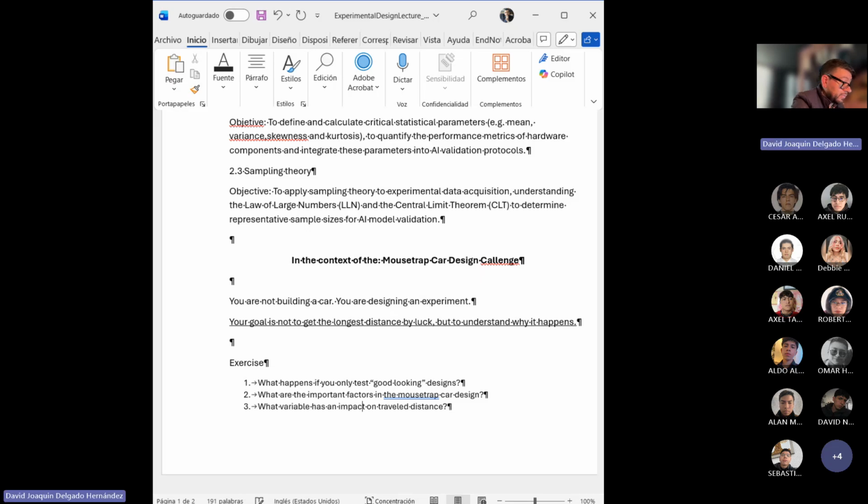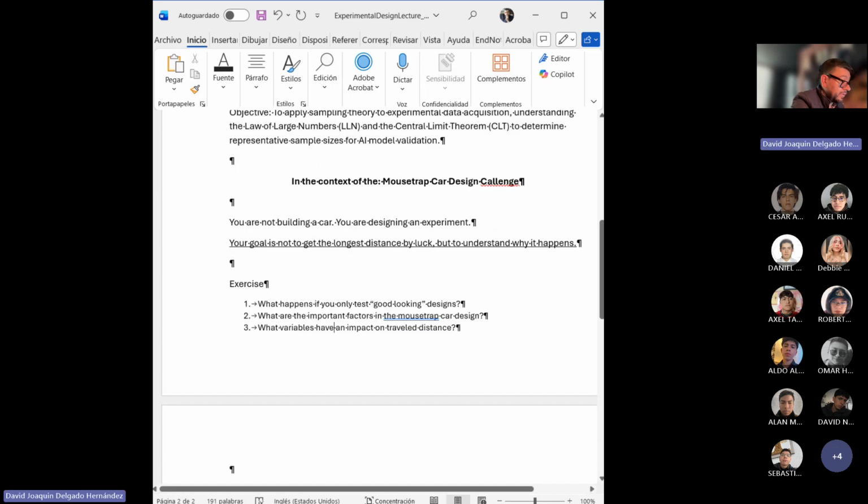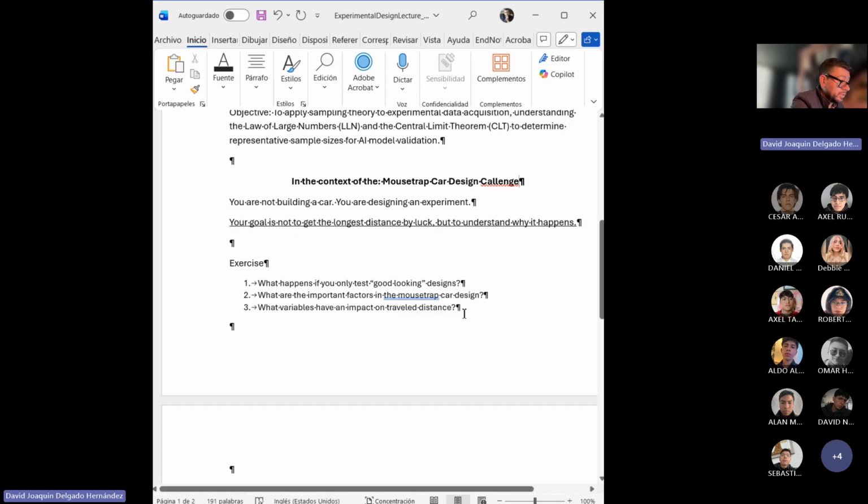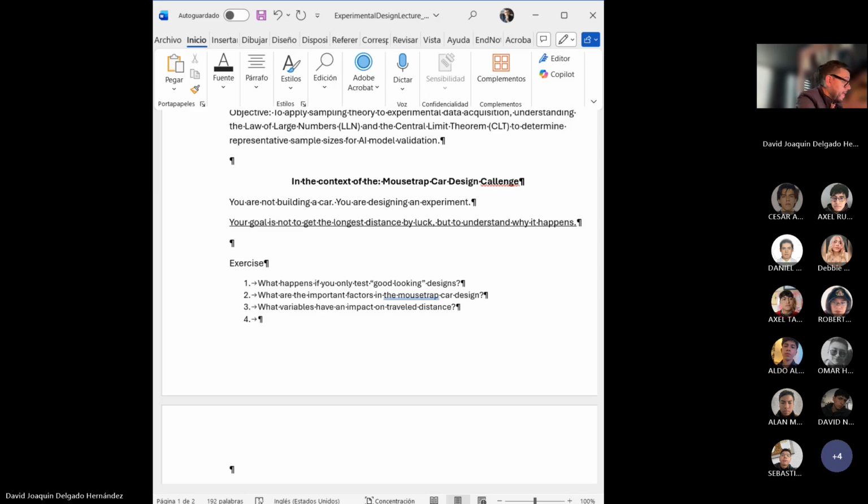And fourth question, which factor or variable, if you want, has the strongest effect on the distance as well?